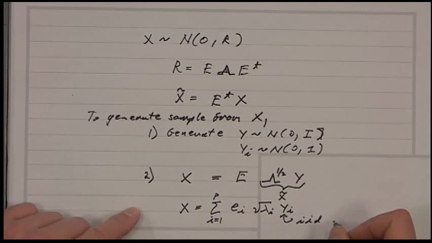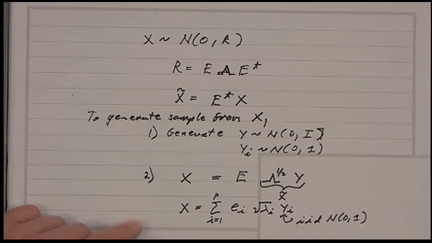IID means independent and identically distributed, N(0, 1). Okay?